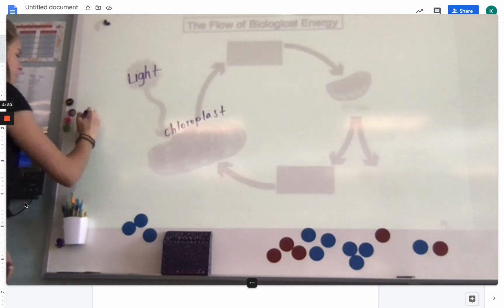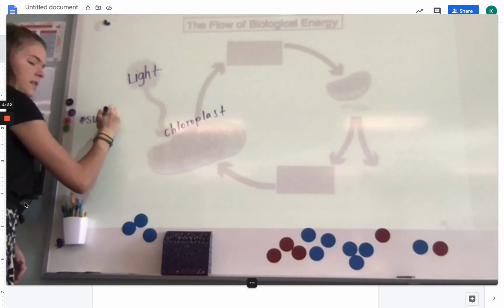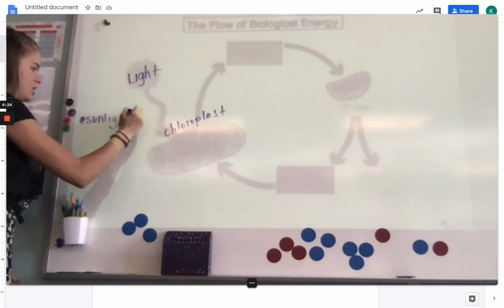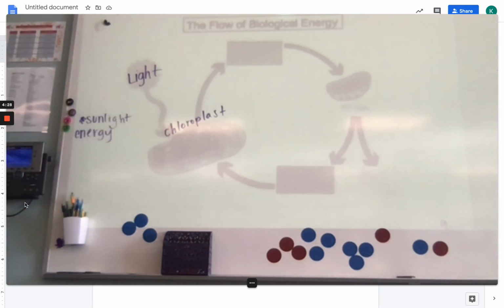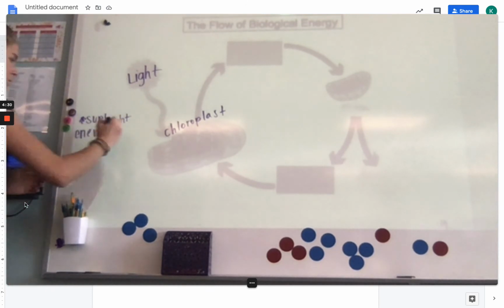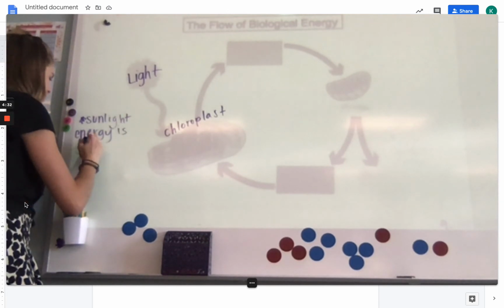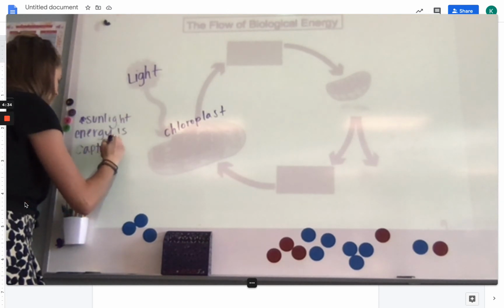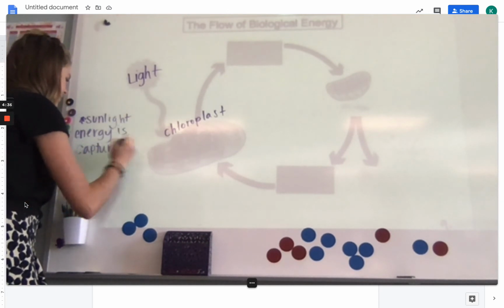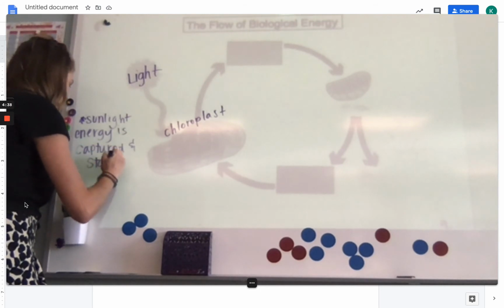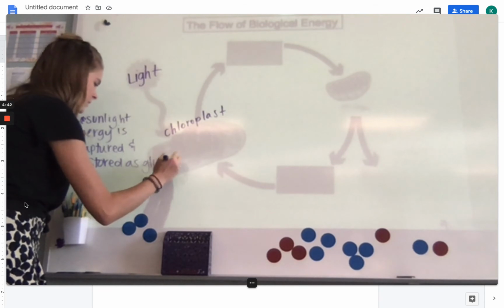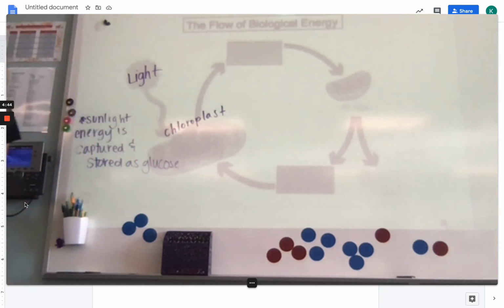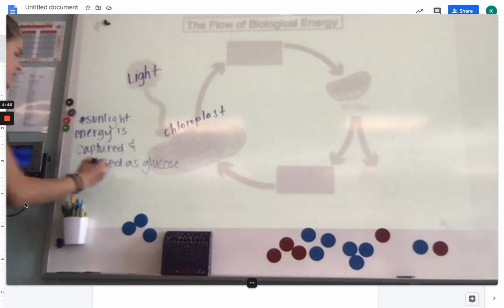Okay, so we know that sunlight energy is captured and stored as glucose inside the chloroplast, and it gives off O2.